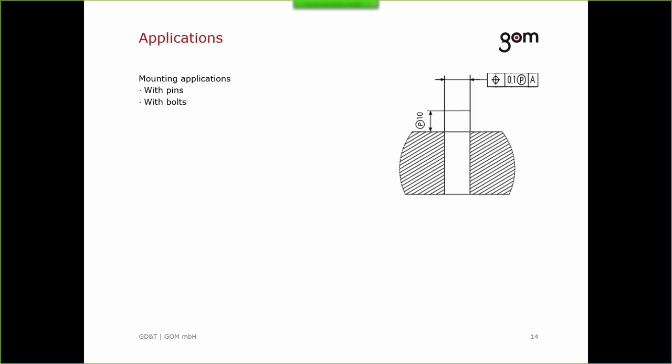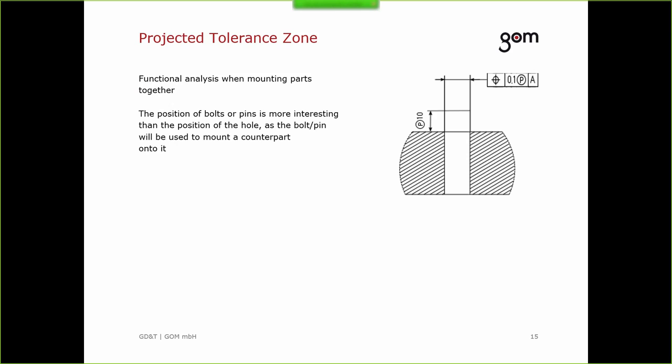The projected portion of the pin will secure another mating plate. With projected tolerance zones, you are now able to determine the deviations not only limited to the actual data. In a lot of cases, you don't even have the actual data for the needed definition of the tolerance zone. For example, the part that has to be mounted is manufactured by a different company.